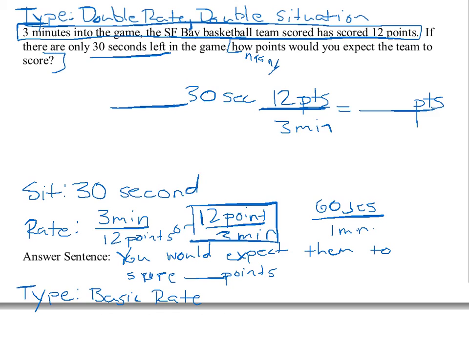Or we could say that in 1 minute, there is 60 seconds. So we have to throw one of these in over here on this next line. I need to cancel out the seconds and the minutes just to get those points. So if I want seconds to cancel out, I'm going to need those seconds on the bottom.